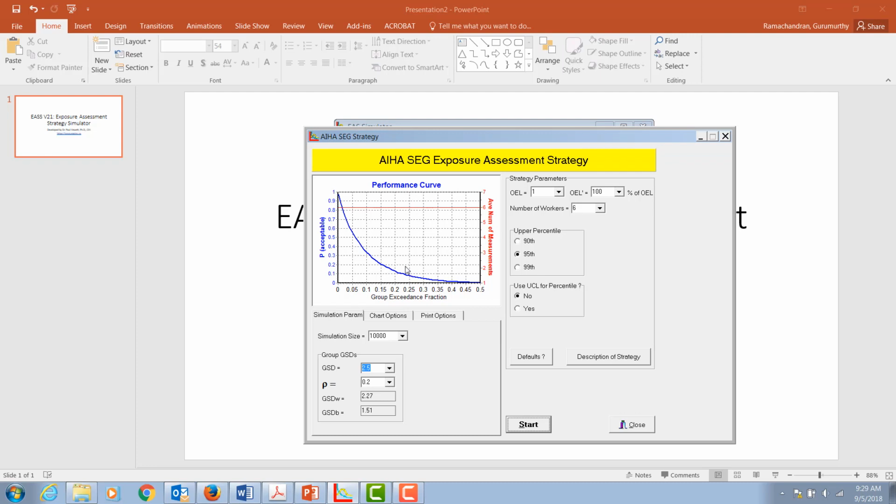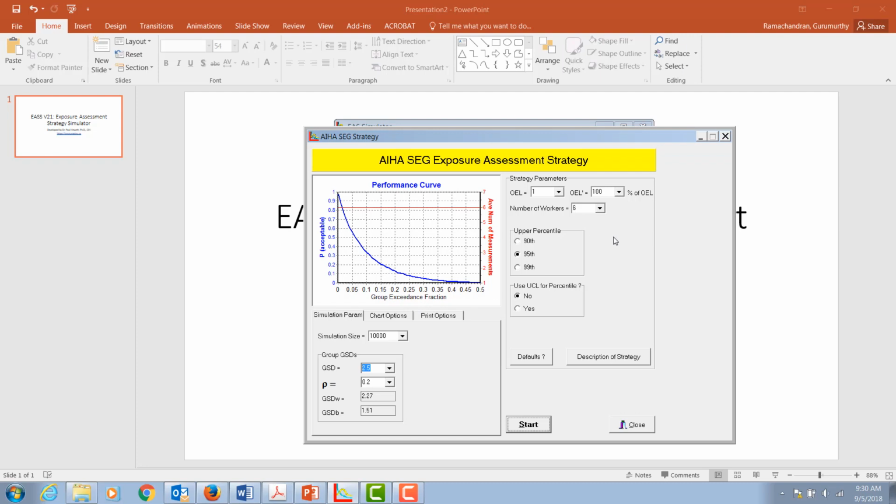So it has a power of 92% to detect a clearly unacceptable profile of 0.25. If you remember, the OSHA strategy had a power of only around 25% to detect a clearly unacceptable profile, whereas this has a power of 92%. So this is a much better strategy at detecting clearly unacceptable profiles.